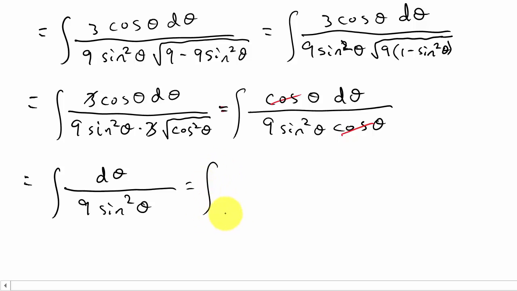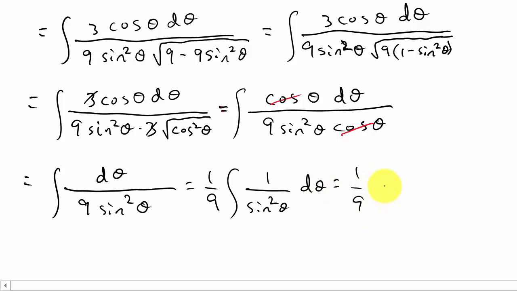I'm going to separate the 9 from the fraction, so that's 1/9, and I'll take that 1/9 outside the integral. That leaves me with 1 over sine squared theta d theta, and 1 over sine squared theta is cosecant squared theta d theta.